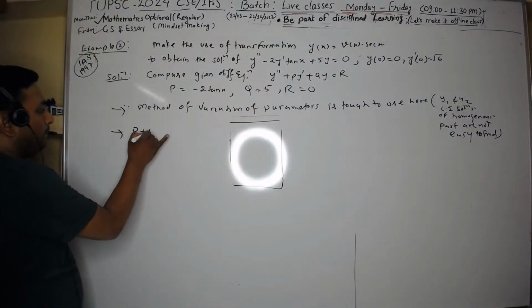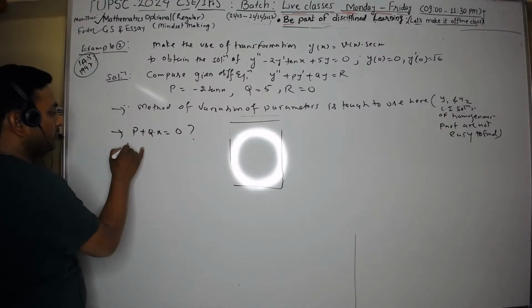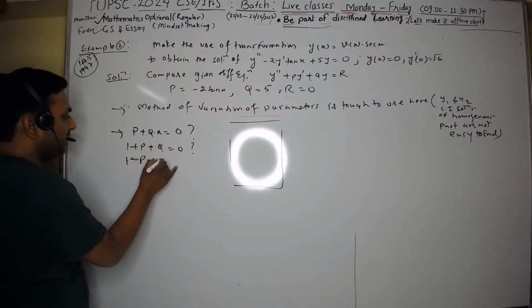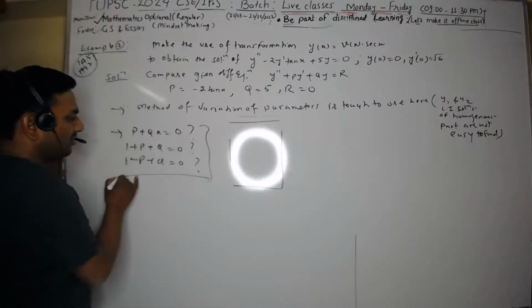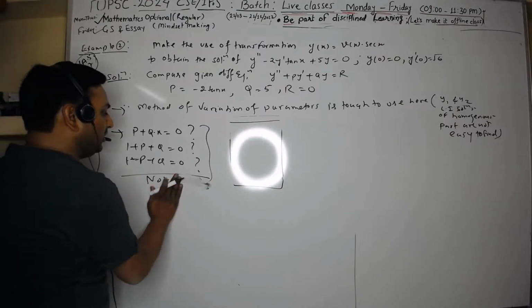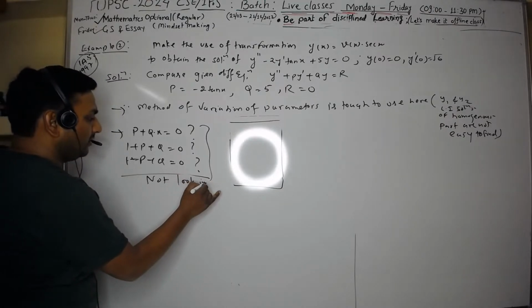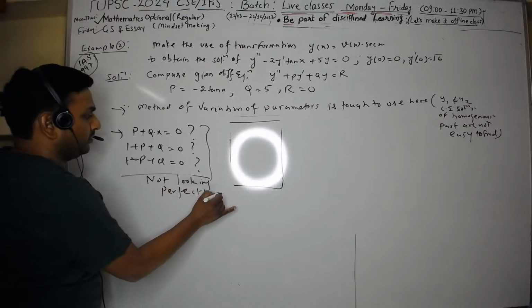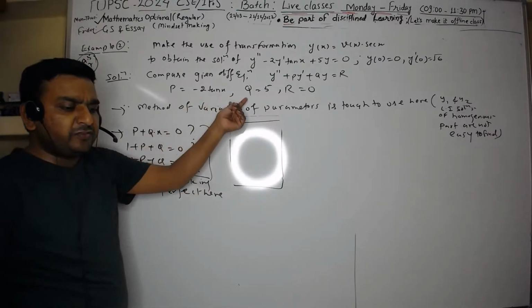Next, p plus q into x equals to 0. 1 plus p plus q is equal 1 minus p plus q equals to 0. Not easy, not looking perfect here. क्या p plus qx 0 हो रहा है?